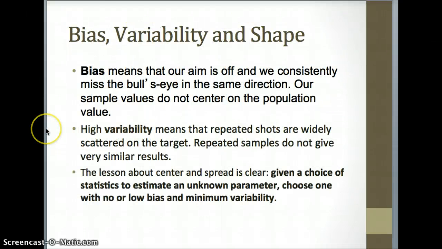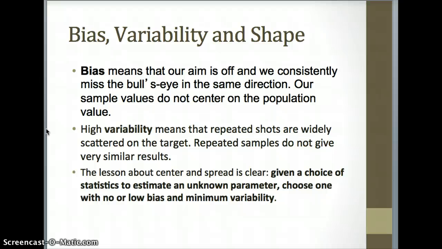So just a few things to kind of conclude here. Bias means that our aim is off and we consistently miss the bullseye in the same direction. Our sample values do not center on the population value. High variability means that repeated shots are widely scattered on the target. Repeated samples do not give very similar results.